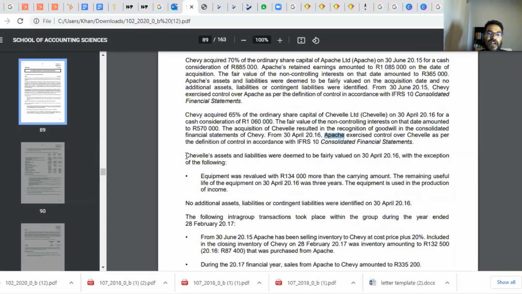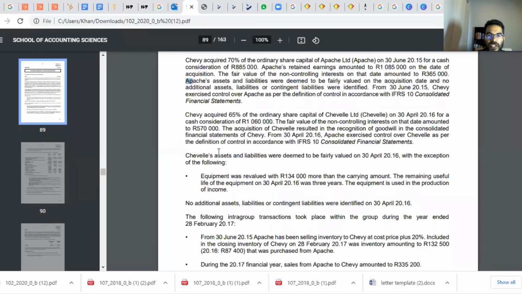So here they say Chevelle's assets and liabilities were deemed to be fairly valued on 30th April 2016, with the exception of the following. So you can have a look over here. If you look at the one with APAC, what did they say? They're also telling you APAC's assets and liabilities were deemed to be fairly valued.